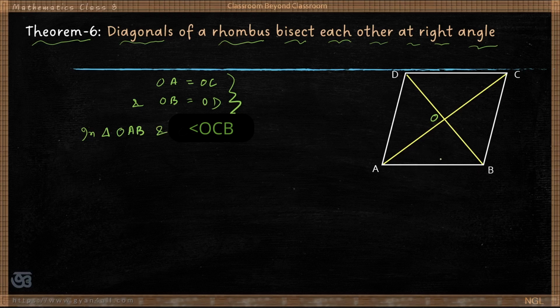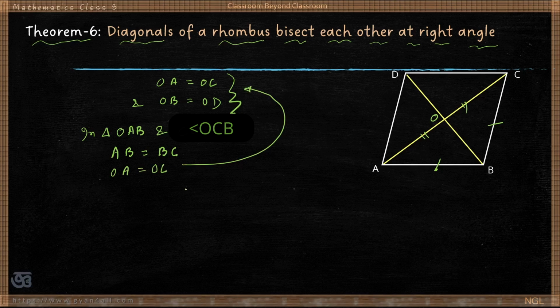You see this side is equal to this side, that means AB is equal to BC. Why is it equal? Because they are the sides of a rhombus. The sides of a rhombus are equal. Then this is equal to this side. You write OA is equal to OC. We have proved it here in the first step.